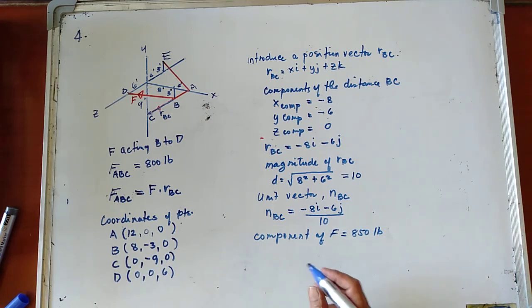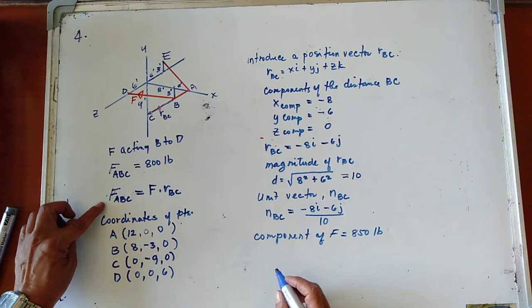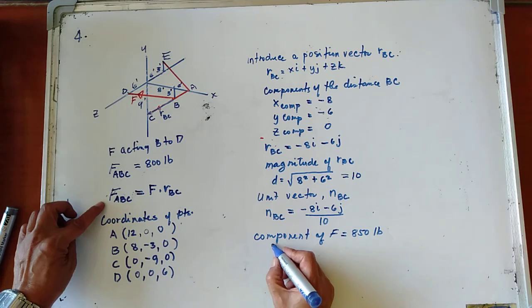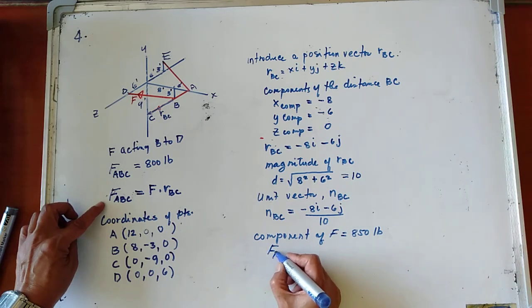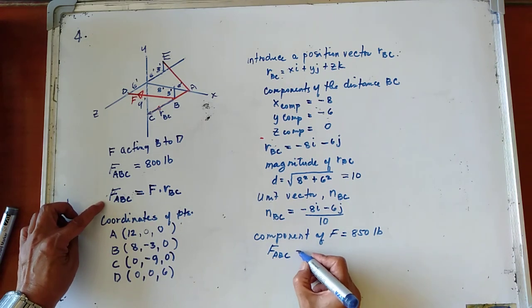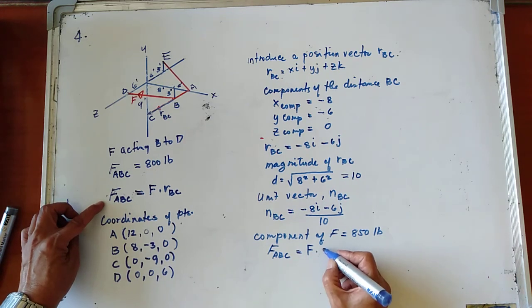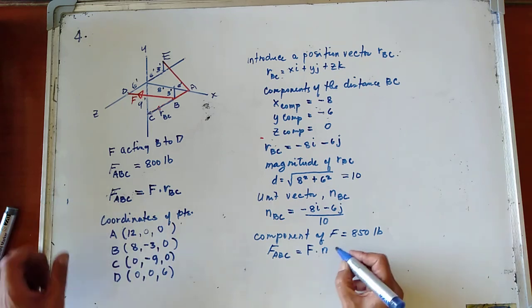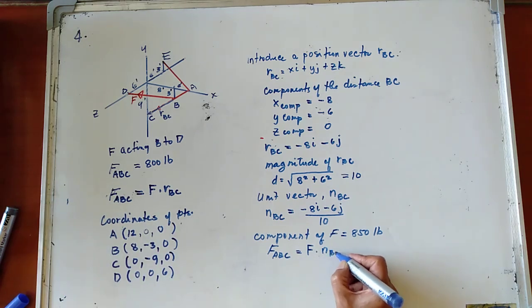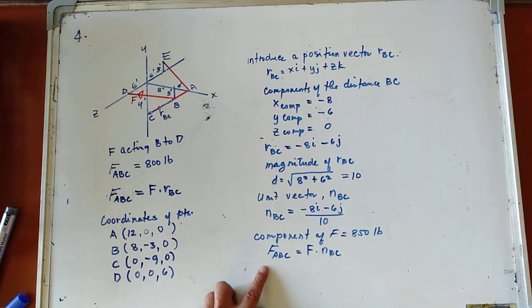So F along ABC is equal to the vector F dot a unit vector in the direction of BC.